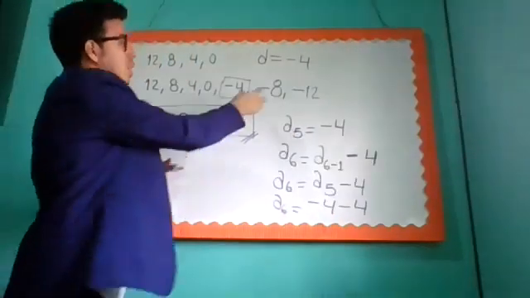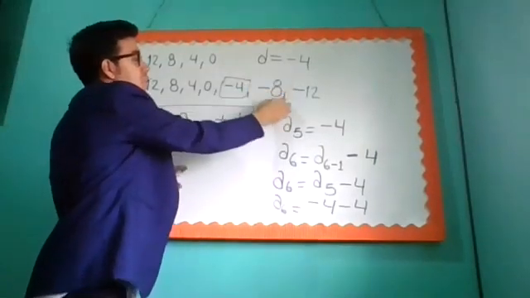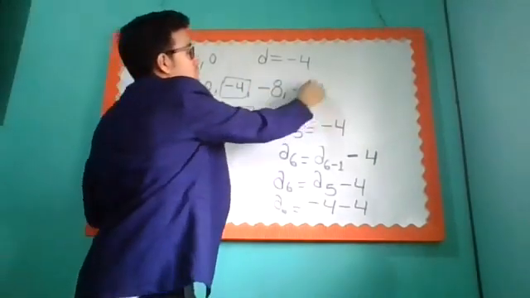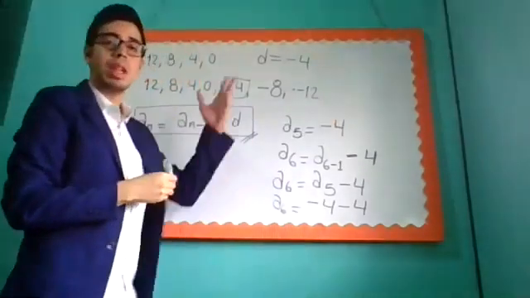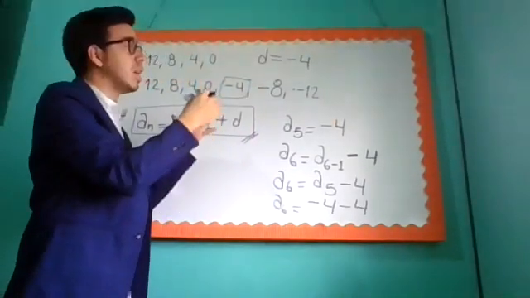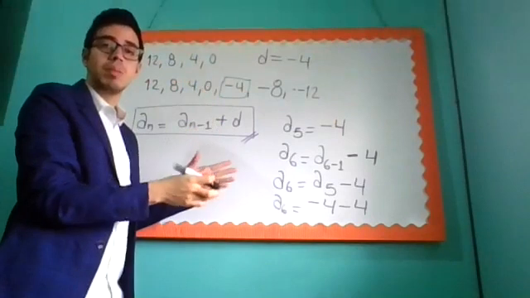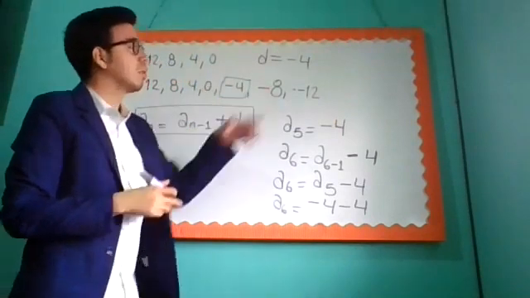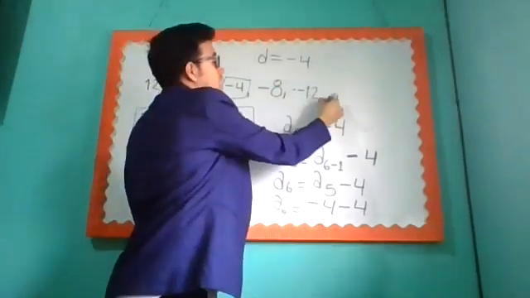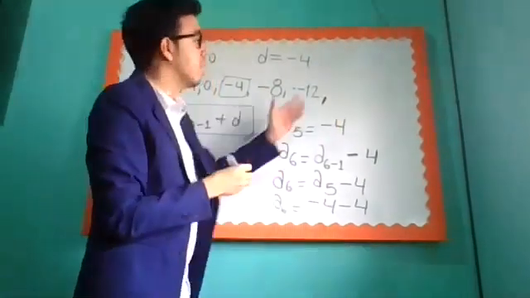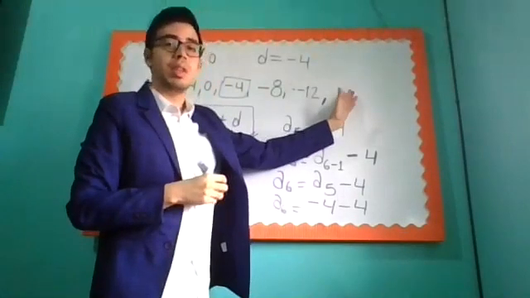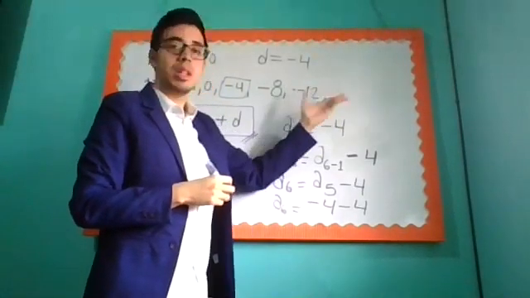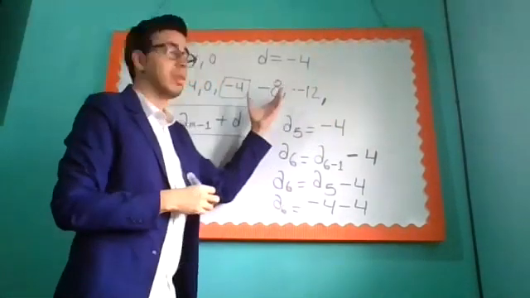So to obtain this number, or the number that is next, you take the number that is before the number I want to obtain. For example, we can obtain another one. If we want to obtain the next number, I take the number that is before.